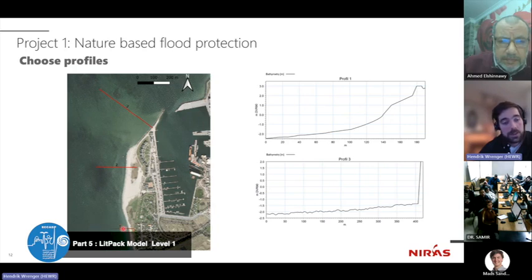And the second thing is, after you've chosen where to place the profiles, how long should they be extended offshore? Because in the LitPack model, we will input the offshore wave conditions from the SW at the starting point of the profiles, right?